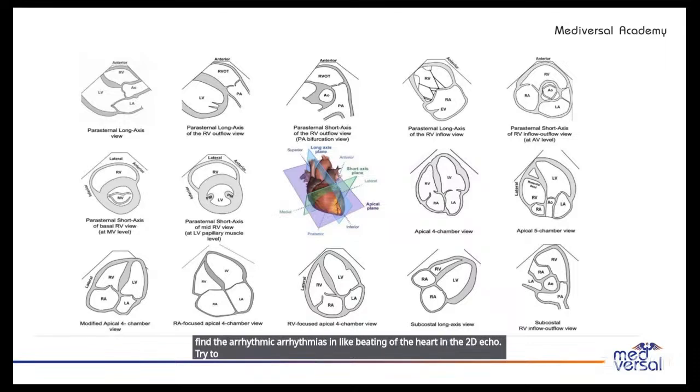Practice in ICU patients with atrial fibrillation with fast ventricular rate, and also in normal sinus rhythm patients, and you can observe the changes.